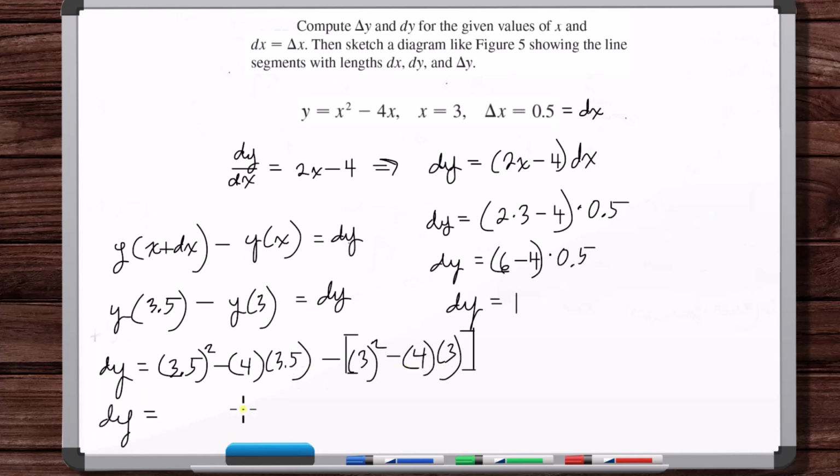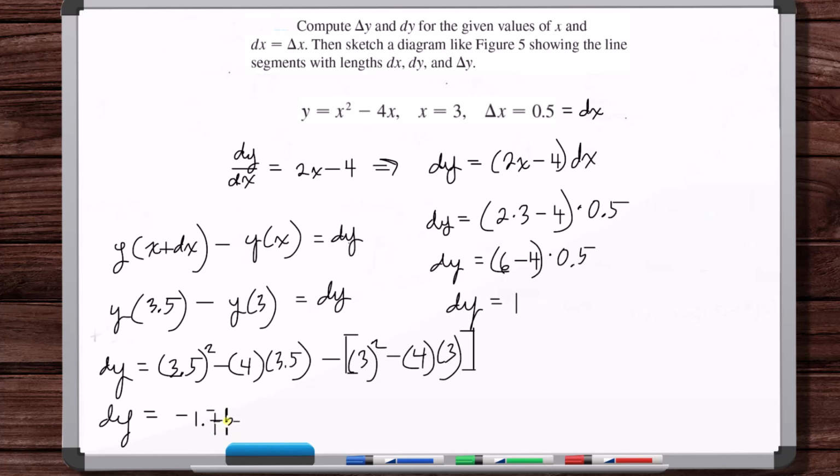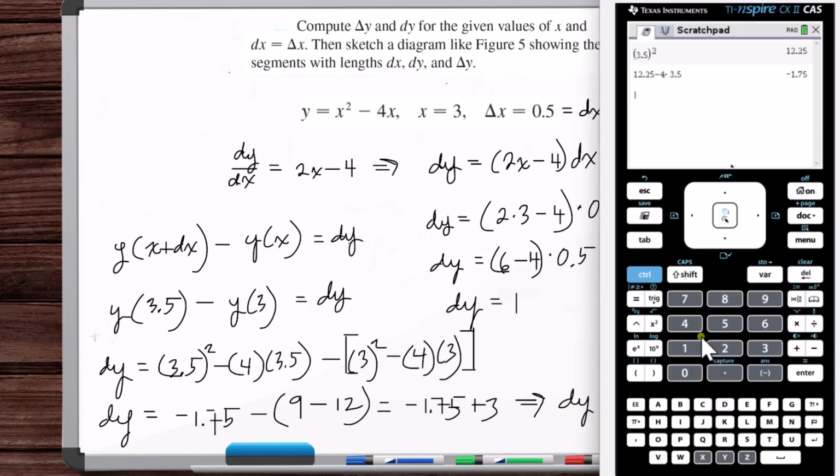So minus 1.75 minus 9 minus 12. That's plus 3. So that's 1.25.